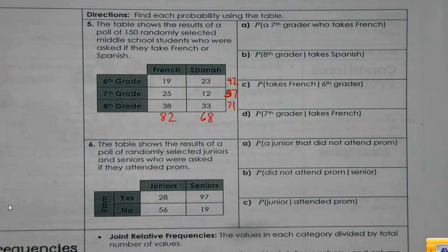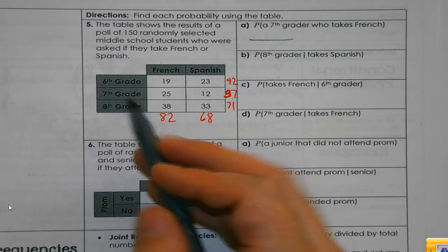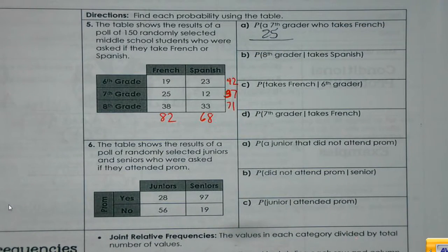So I look at letter A. And you're like, well, wait a minute, there's no slash this time. It just says, probability, a 7th grader who takes French. Okay, so how many 7th graders take French? But since there's no slash, it's just out of everybody.